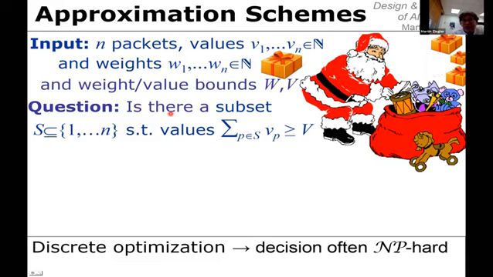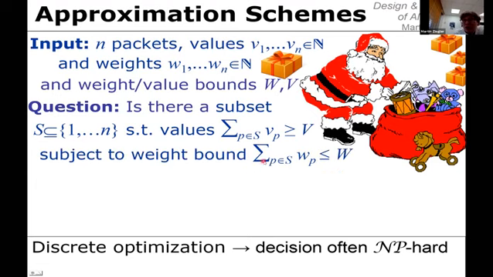Is it possible to select among the n packets a subset of the indices of the packets? So S is the subset of packets, such that the sum over all the values of the packets that we have selected exceeds the expectation of your family, while simultaneously the sum of the weights of the packets you have selected does not exceed the admitted weight during check-in.